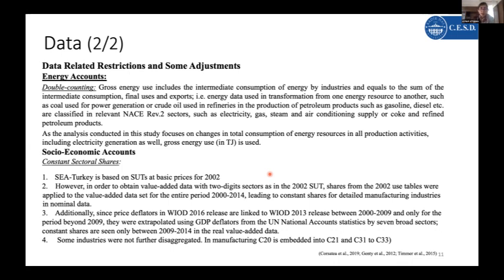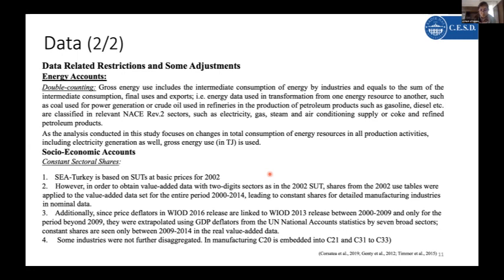However, it includes the intermediate consumption of energy by industries, so it includes coal consumed for power generation, or crude oil used in refineries. Both energy commodities are included, so it is actually double counting. But since the analysis focuses on the change of total consumption of energy resources, it is not considered a major constraint.